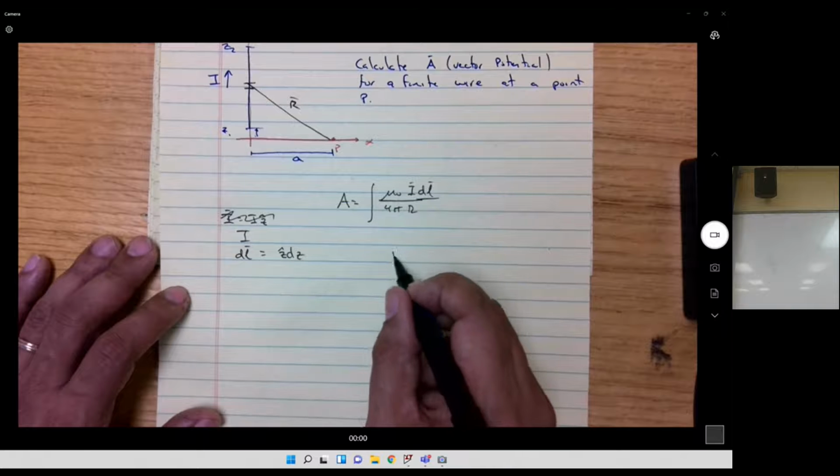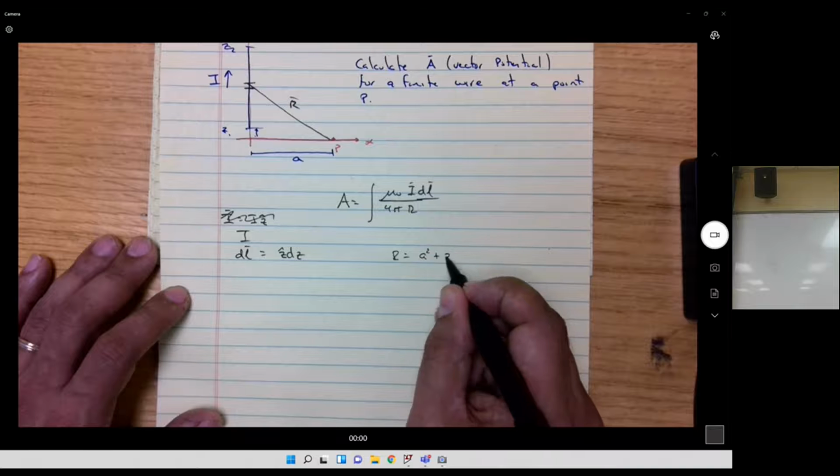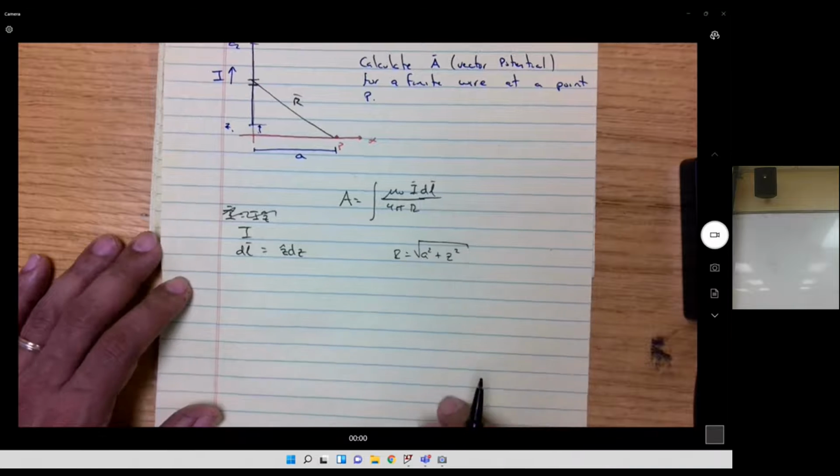And this r, the magnitude of r, is just going to be the square root of a squared plus z squared.